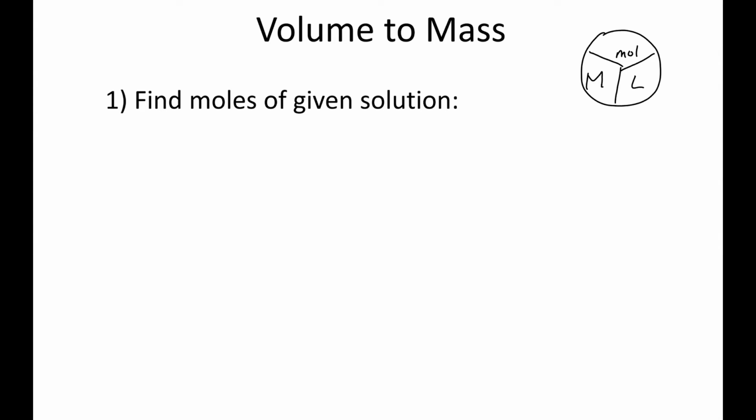Well, we're looking for moles, which means we are going to be taking the molarity times the liters to get the moles of our given substance. So you're going to be given a volume, in milliliters or liters, and a molarity, and using that, you're going to have to find the moles of that particular substance.